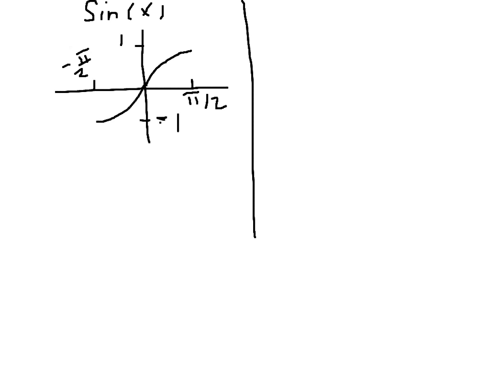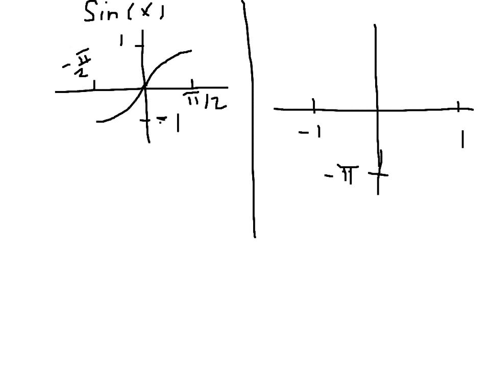So it makes sense that the graph of the inverse of this function will go from -1 to 1 on the x-axis, and from minus pi over 2 to pi over 2 on the y-axis. And since we have the point pi over 2, 1, over here we'll have the point 1, pi over 2. Similarly down here, and here, and here is what the graph of the inverse of principal sine is.